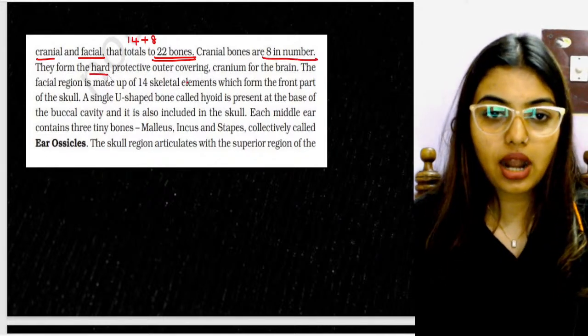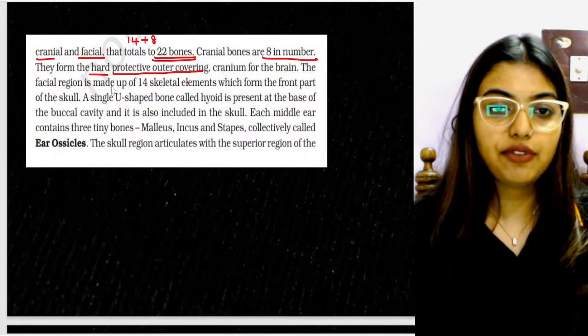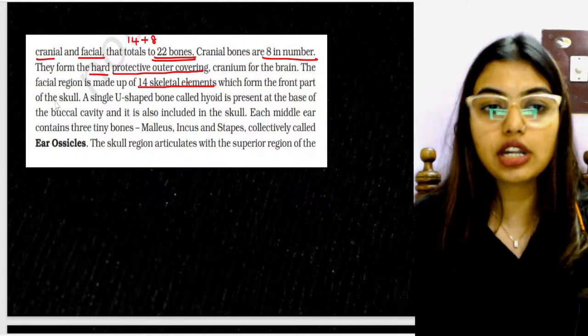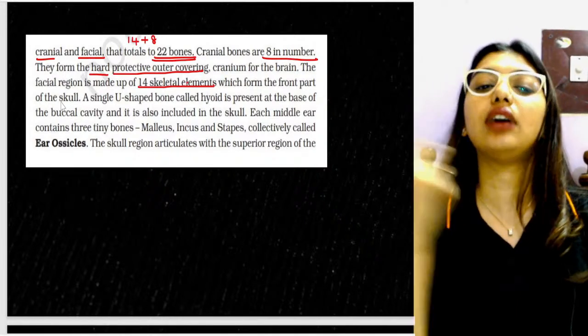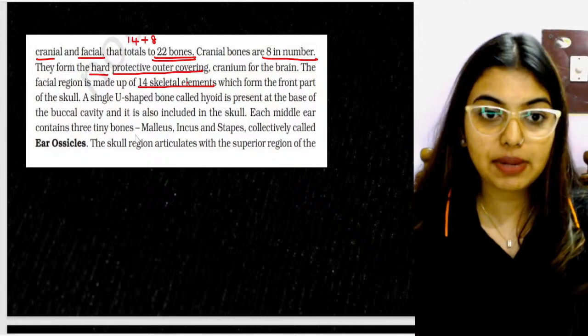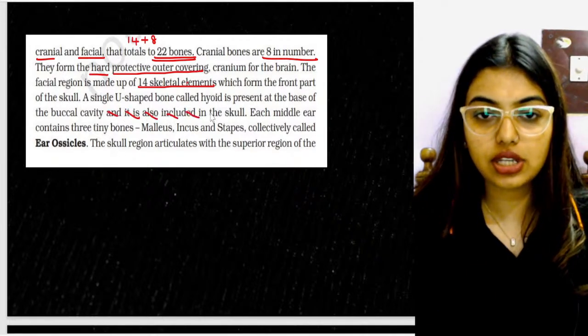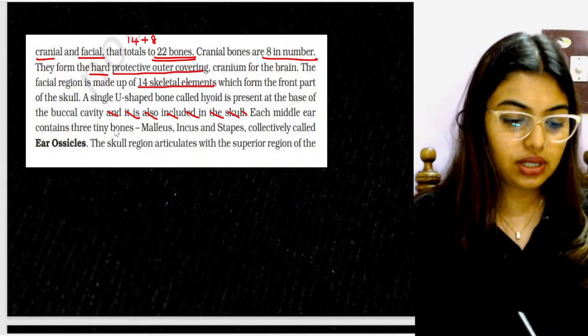They form a hard protective covering called cranium for the brain. The facial region is made up of 14 skeletal elements which form the front part of the skull. The single U-shaped hyoid bone is present at the base of the buccal cavity. It is also included in the skull, but this is not needed. Clear all of you? Yes or no?